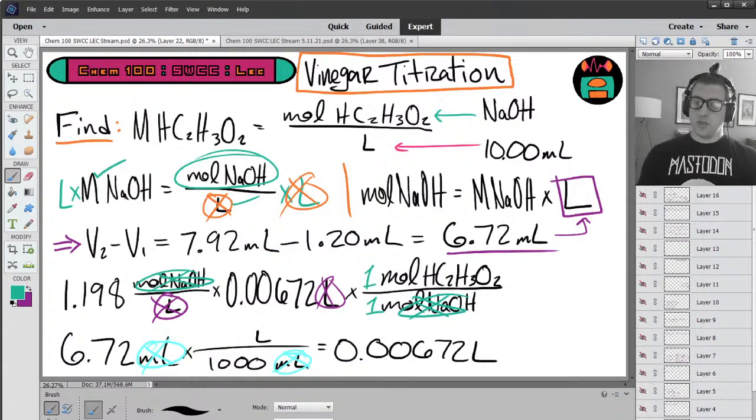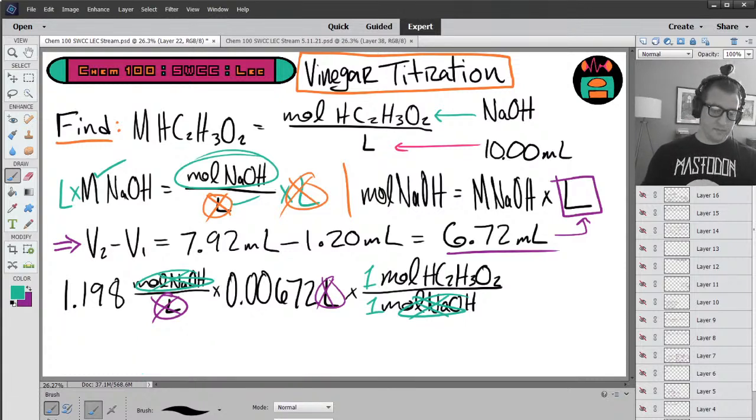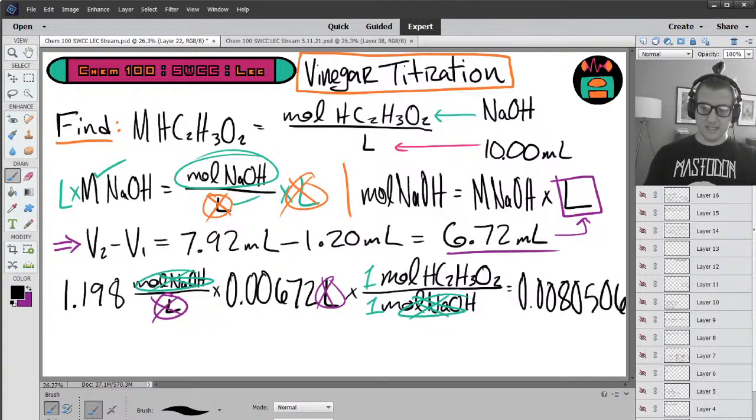So let's crunch our numbers here. 1.198 times 0.00672 is 0.0080506.